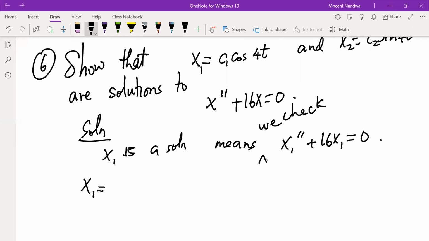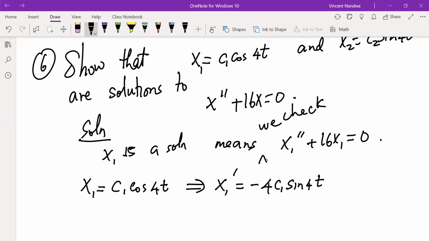So x1 is c1 cos 4t, which implies x1 prime will be minus 4 c1 sin 4t, which implies x1 double prime equals negative 4 by 4 is 16 c1 cos 4t. Remember here we are using the chain rule for differentiation.